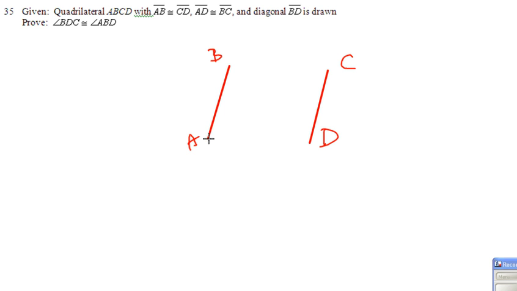That tells us since opposite sides are equal to each other, this got to be a parallelogram.